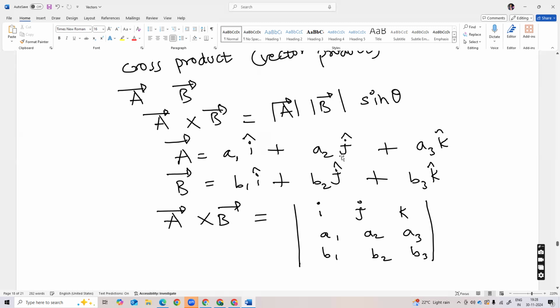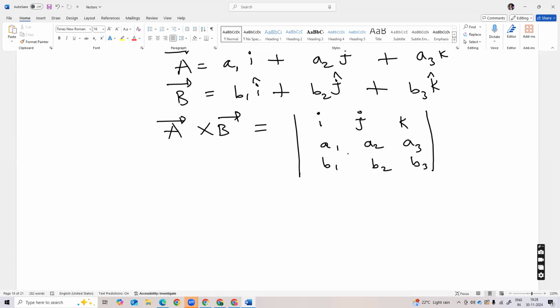We will solve the determinant as, first we'll take i outside. When we are taking i, we will skip this ijk row, complete row, and this column, and then we will take a2 into b3, a2 b3 minus a3 into b2.